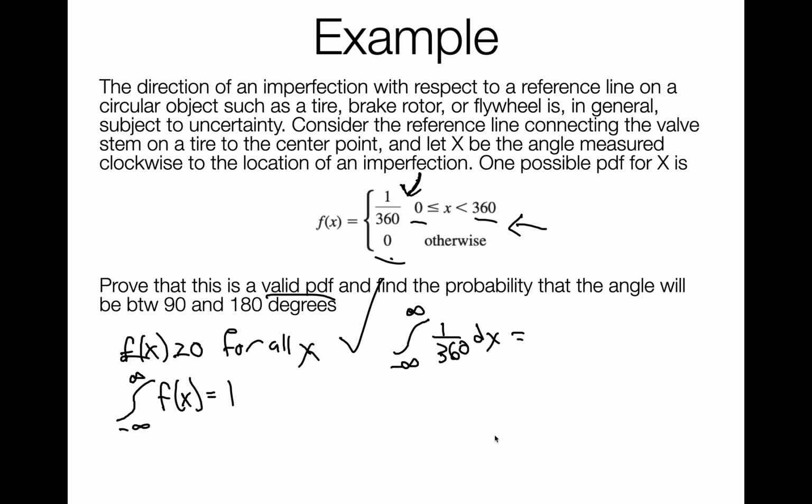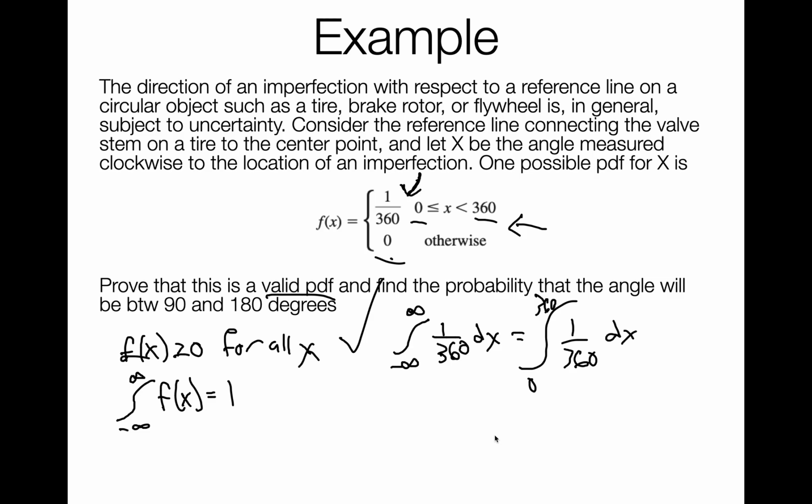So instead of taking the integral from negative infinity to infinity, that's the same as taking it from 0 to 360. Those two are the same thing, because elsewhere, below 0 and above 360, really at 360 and above, the probability is 0. So I only care about between 0 and 360. And that's a lot easier to work with.